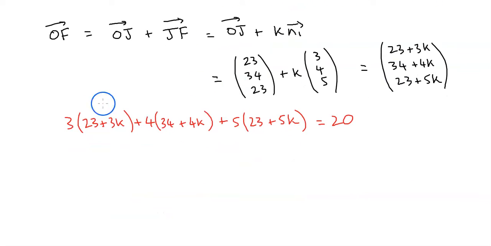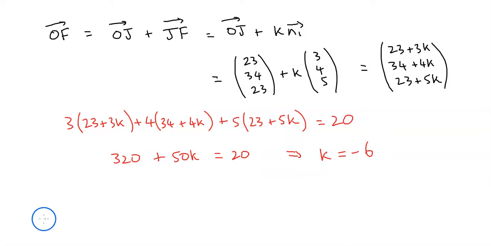Now let's expand this thing out. We have that 3 times 23 plus 4 times 34 plus 5 times 23 is equal to 320. Then we have 9k plus 16k makes 25k, plus 25k makes 50k. And so that's equal to 20. So we have that 50k is equal to negative 300, so that means that k is equal to negative 6.